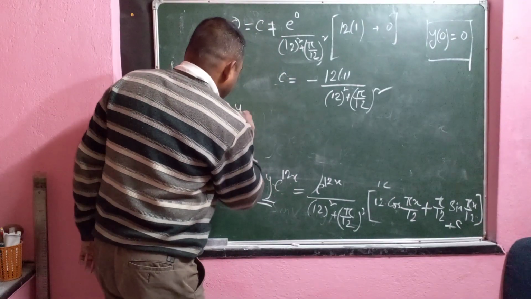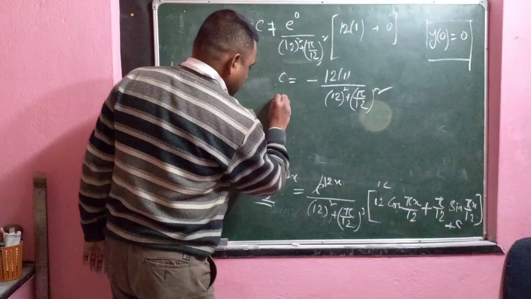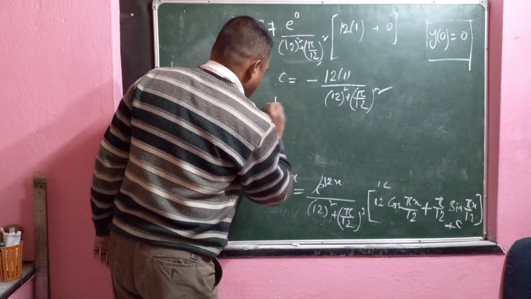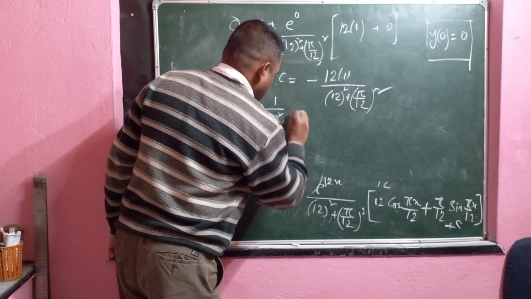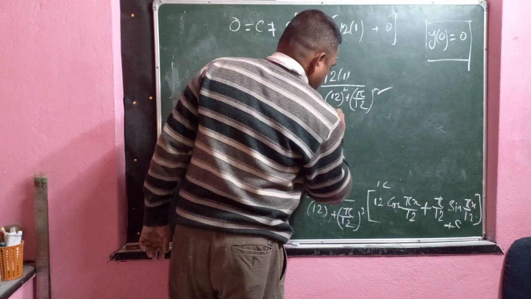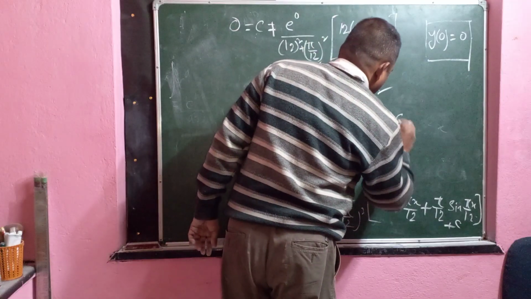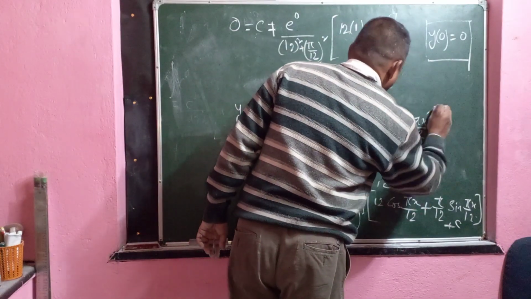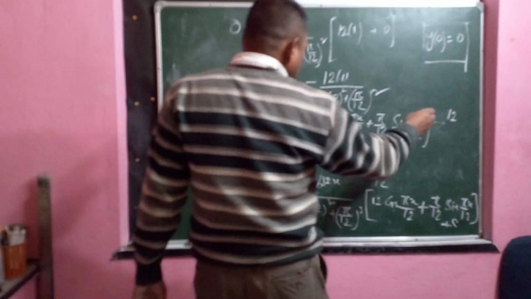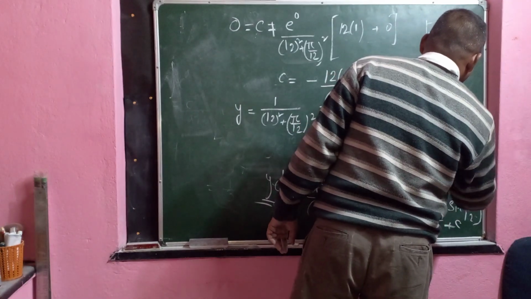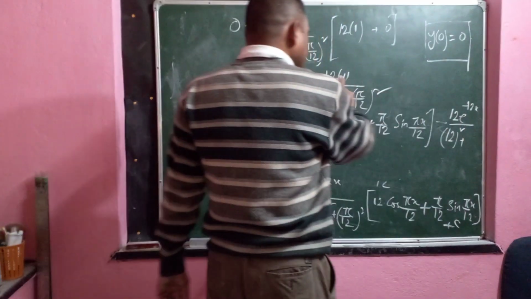That y is equal to 1 by 12 square plus pi by 12 square, times 12 cos(pi x by 12) plus pi by 12 sin(pi x by 12), and c is this, so minus 12 e to the power 12x, so e to the power minus 12x divided by 12 square plus pi by 12 whole square.